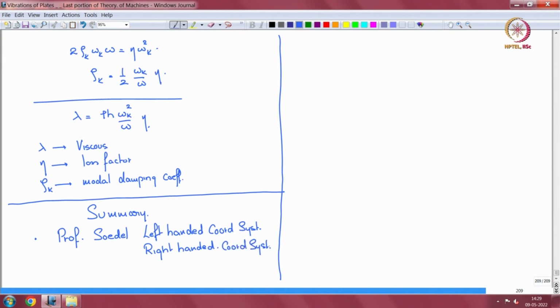Now, as far as these lectures on vibrations are concerned, we are using energy methods, so it does not matter. The shell or the plate does not know which coordinate system you are using. That is the first thing I want to say, because if you look at the diagrams, they are all left-handed coordinate diagrams in the book, so students may get confused.